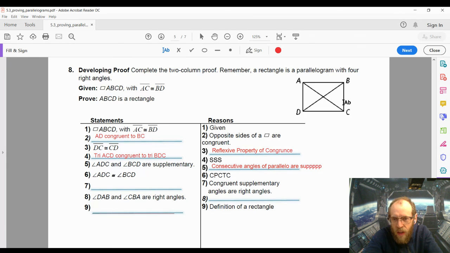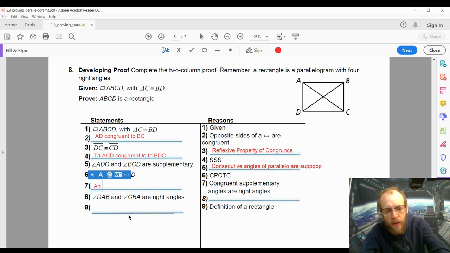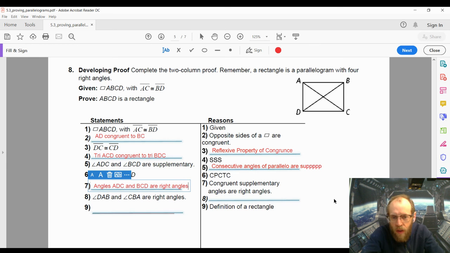So ADC and BCD are in the same spot on those two congruent triangles. Therefore, those angles have to be congruent to each other. So if they add up to 180 and they're equal to each other, then they have to be 90 and 90. So angles ADC and BCD are right angles.